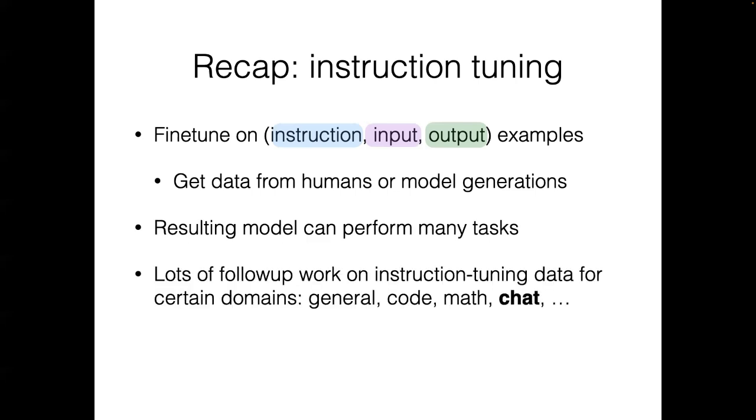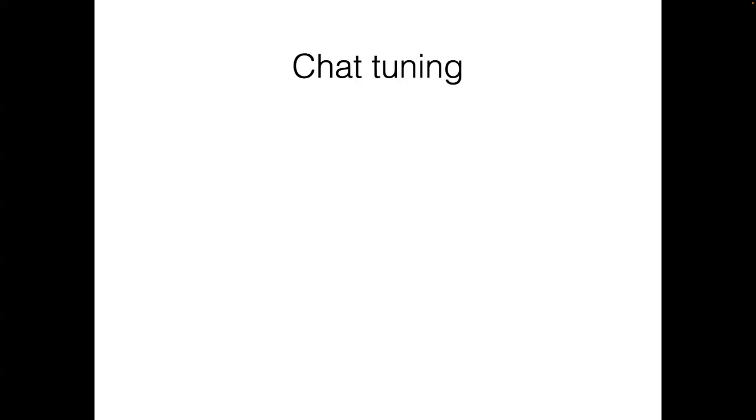So I wanted to specifically mention chat. This is a term I just came up with while creating the lecture, but there is a slight difference between the fine-tuning that you do for chat and instruction tuning, though people still refer to this as instruction tuning.